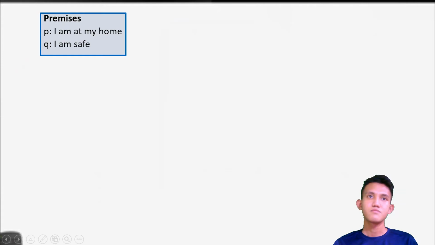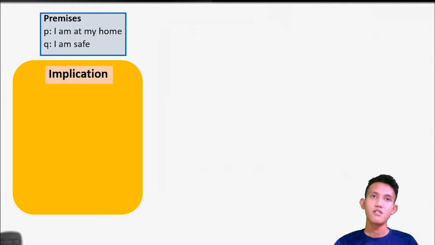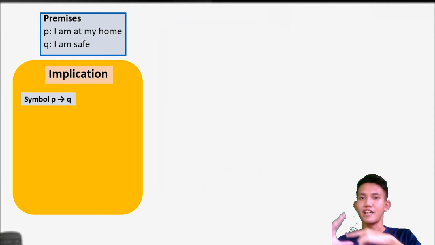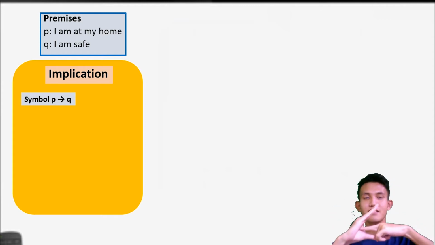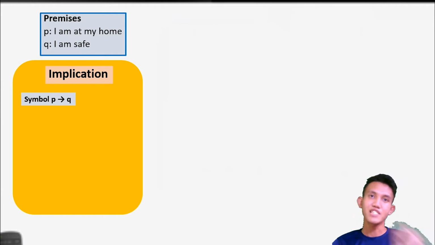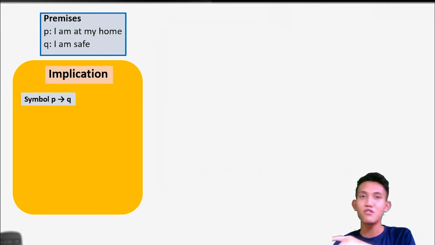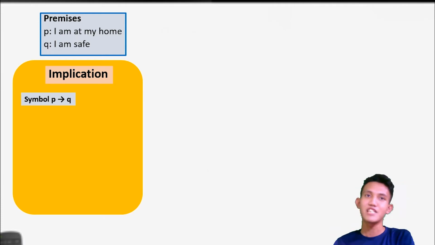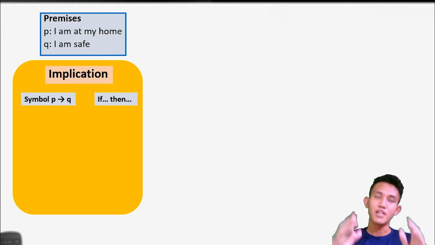The same premises. The fourth one is implication. We use the symbol arrow to the right, like this. Okay, so we say it like P implies Q. For our understanding, we can say P arrow Q, P to Q, but the correct pronunciation for this is P implies Q, the word for implication.